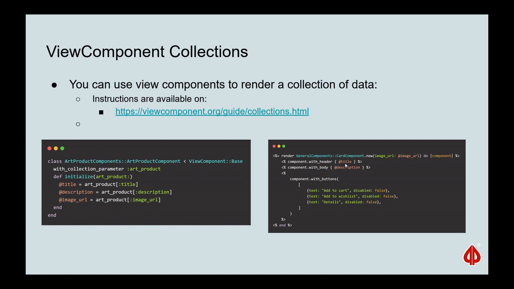I just faked the art product as a record in the database, which contains title, description, and image URL. Whenever it is passed to this component, it generates the header with the title, the body with the description, and the buttons that I wanted for this specific card, which are add to cart, add to wish list, and details.